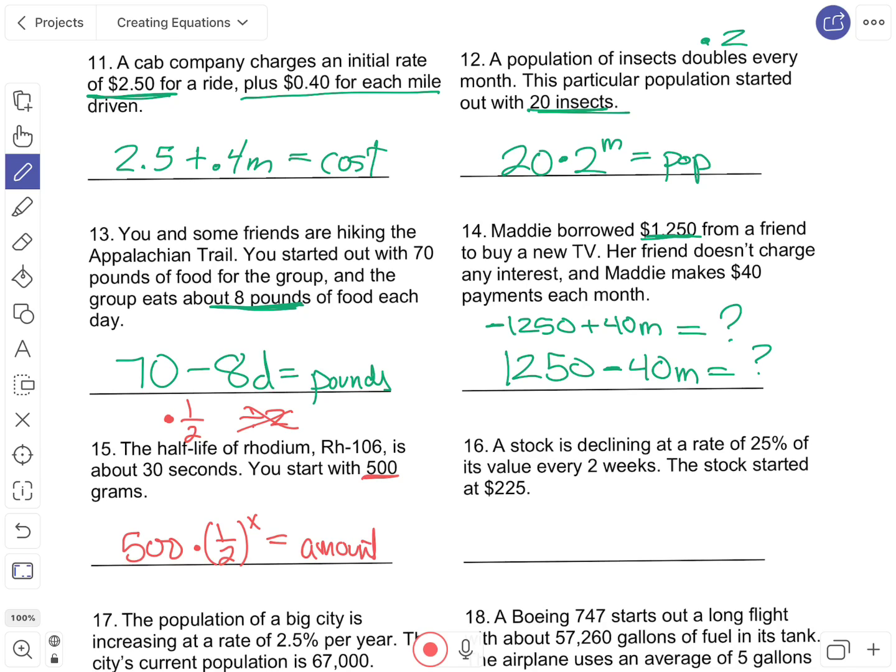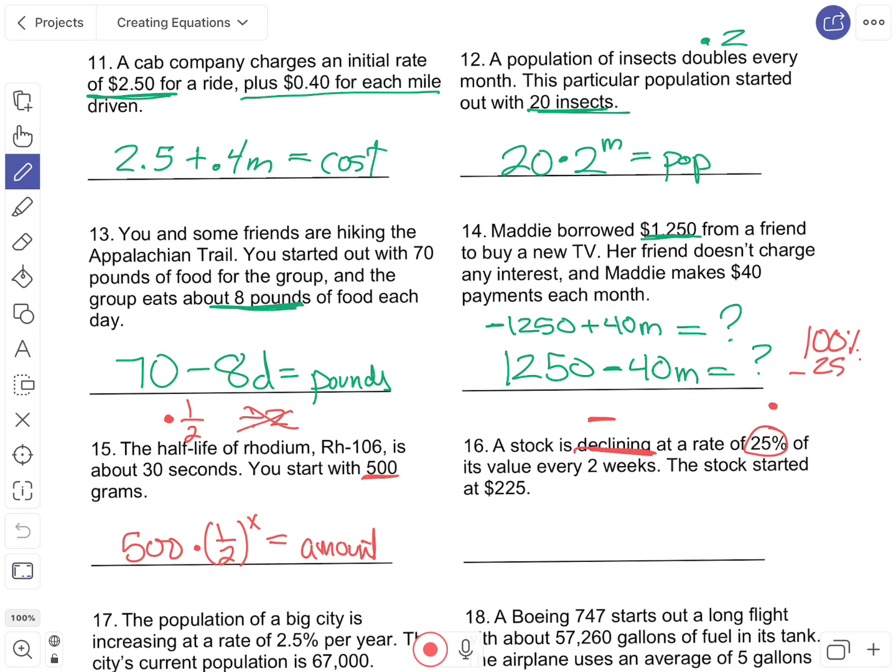Number 16, stock is declining at a rate of 25% of its value every 2 weeks. The stock started at 225. Now, when we deal with percents, it's going to tell us we're multiplying, okay? Now, these ones are weird because of what we have to do with it, okay? Because we're declining, so it's going down. So you're going to want to subtract, but because we're multiplying, we think about it differently. The way to think about it is this. If it stayed the same, it would be at 100%.